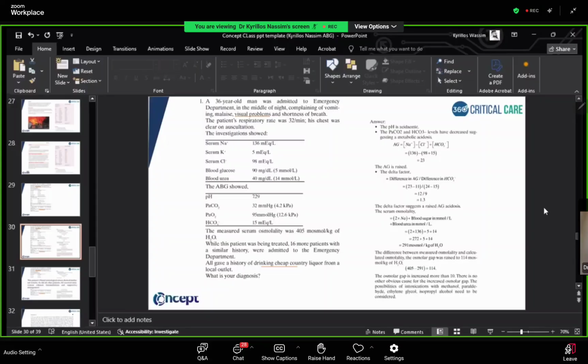So when they give me serum osmolarity, I must calculate the osmolar gap. When I calculated the osmolar gap, it is too high. It is 140, and here the osmolar gap is increased more than 10. There is no other obvious cause of an increased osmolar gap other than methanol or ethanol toxicity.